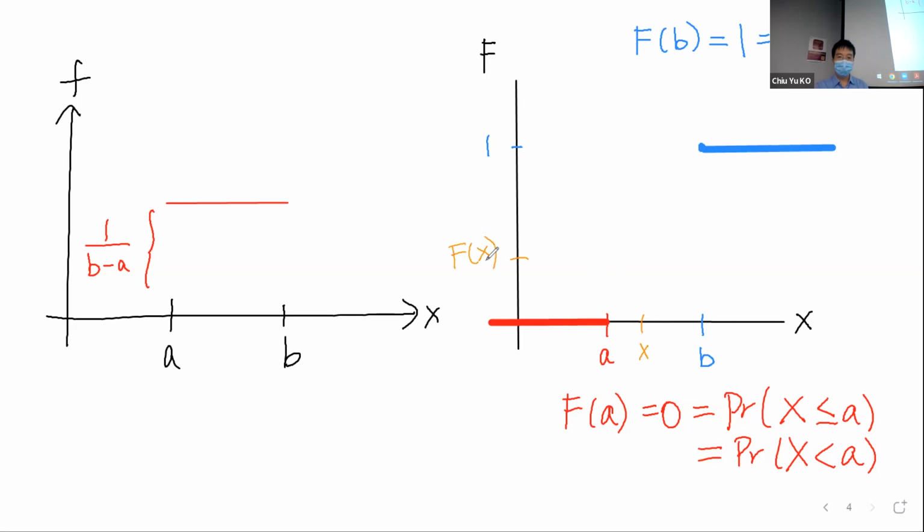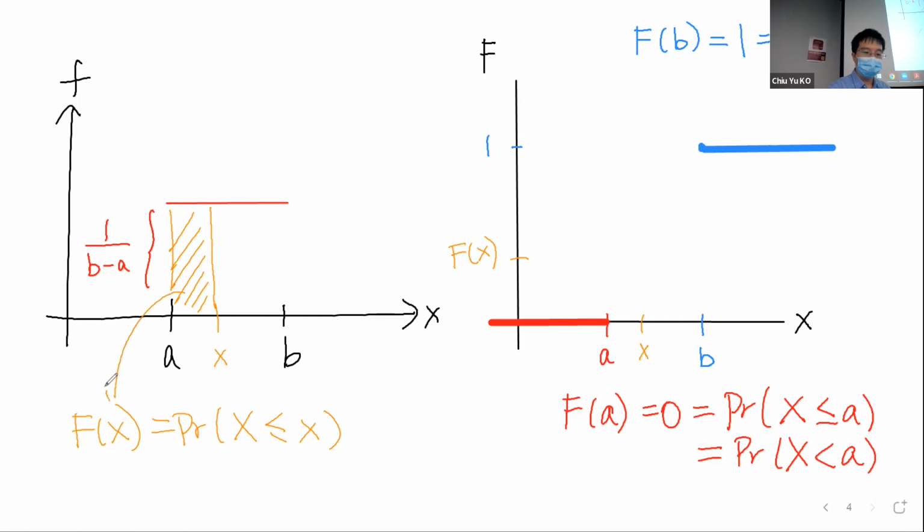F of x is asking the probability that X is less than x, right? So what is this f value? Should be just the height here, right? And this area is exactly F of x.